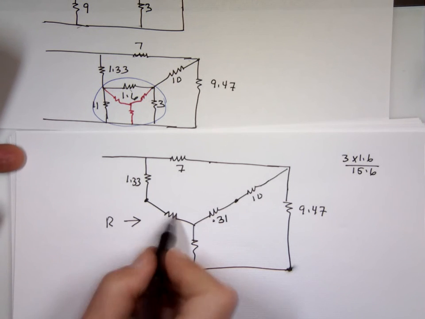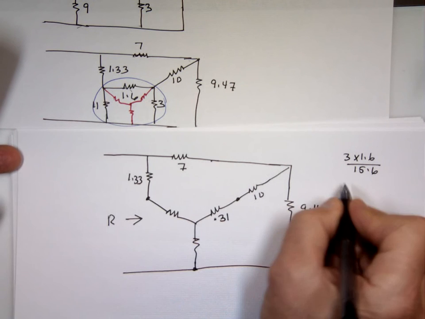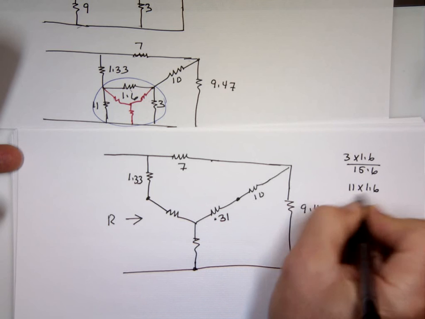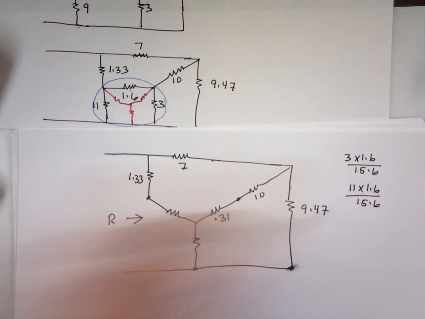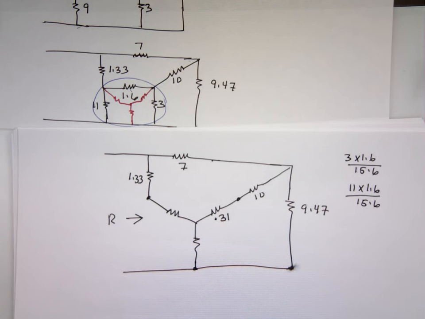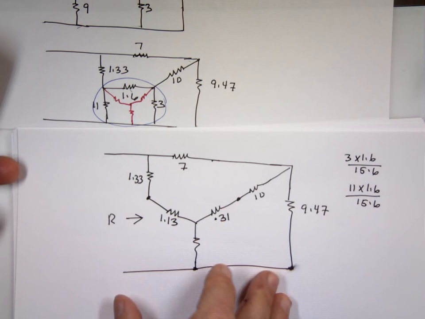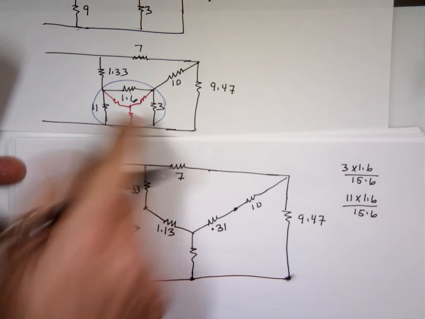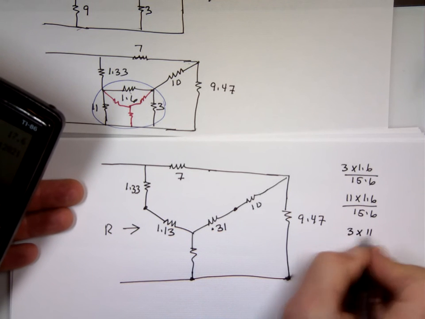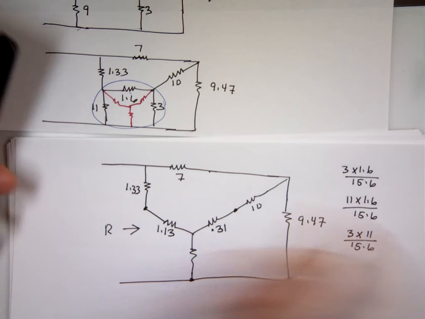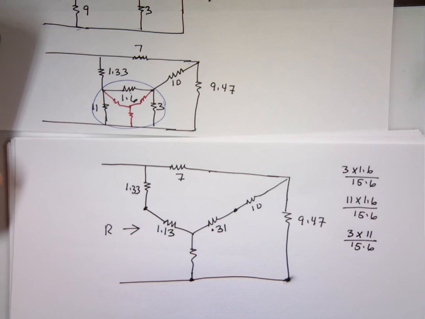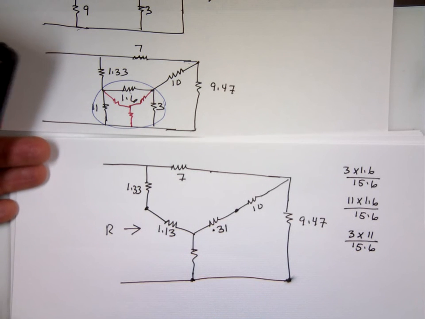This one here is going to be the product of these two, which is 11 times 1.6 over 15.6. 1.13. The bottom one is going to be the product of these two, 3 times 11 over 15.6. 2.11 or 12. 2.12.